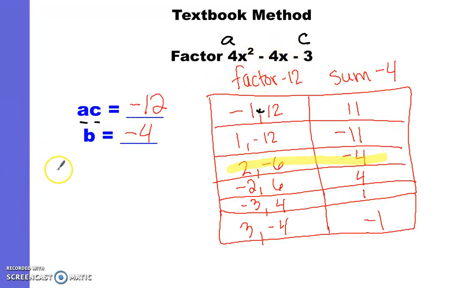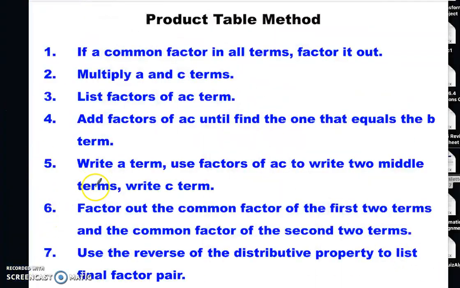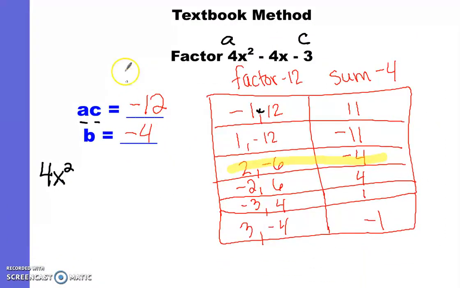So what I need to do is write the a term. So I'm at this step right here. Write the a term. Use the factors of ac to write the two middle terms, or to write the middle term, sorry. Okay. So here we are going to change this negative 4x to 2x minus 6x.